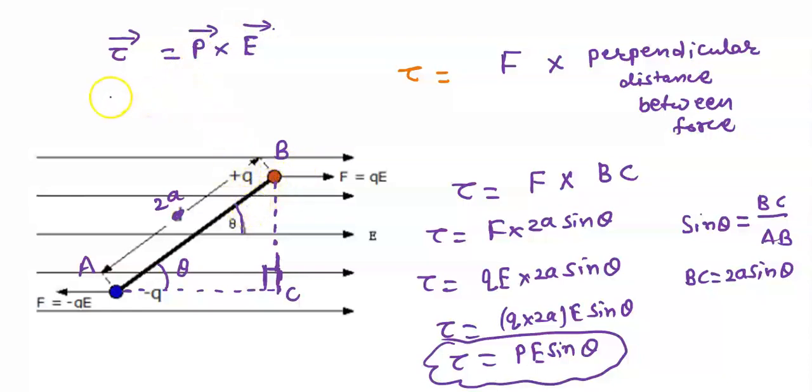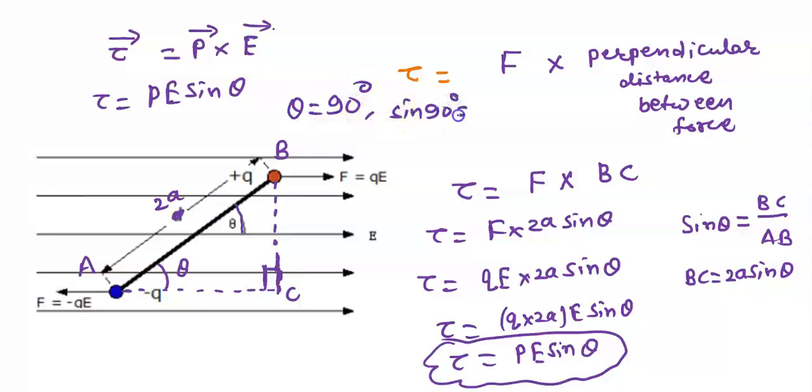If you have to find the maximum torque, you know tau is equal to PE sine theta. For maximum torque, theta will be 90 degrees, because for theta 90 degrees, sine 90 will be 1 and tau will be P into E. This will be the maximum torque.